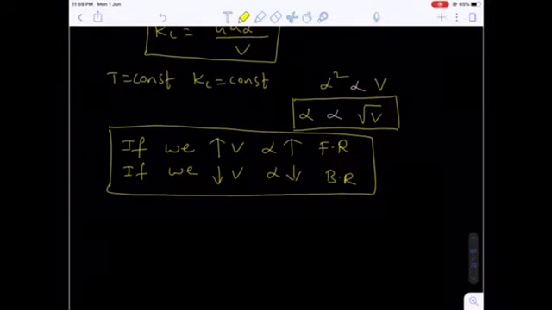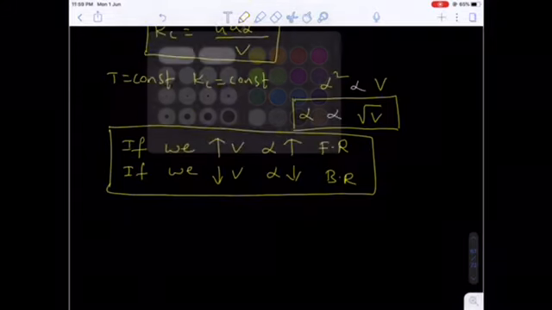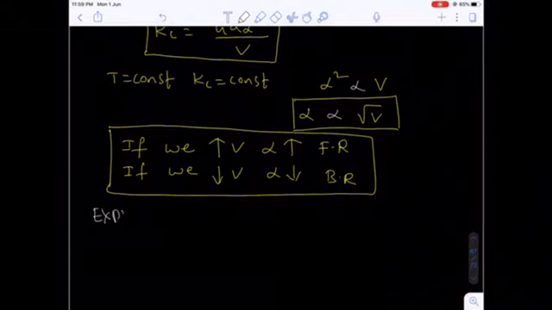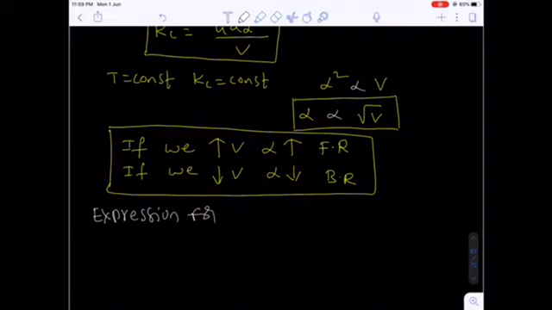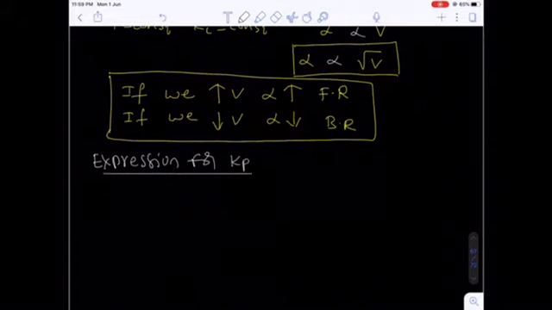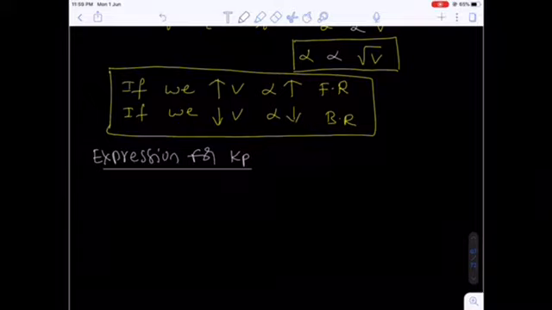Okay. Now here the expression for Kp, this is also very important. What is the partial pressure of NO2?